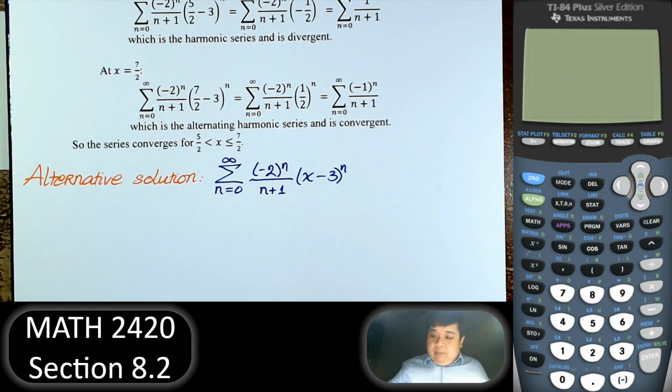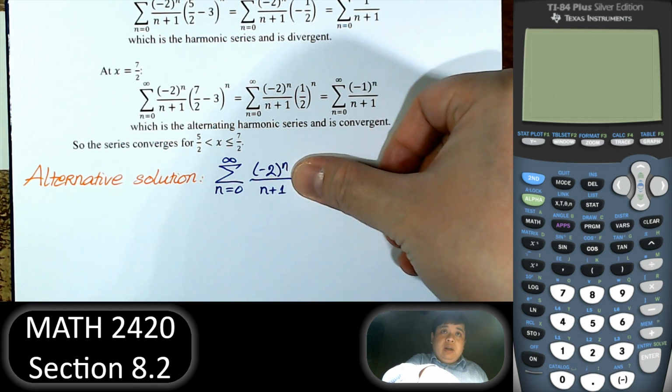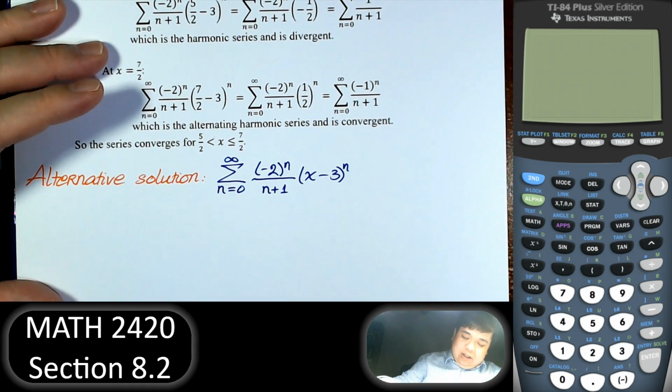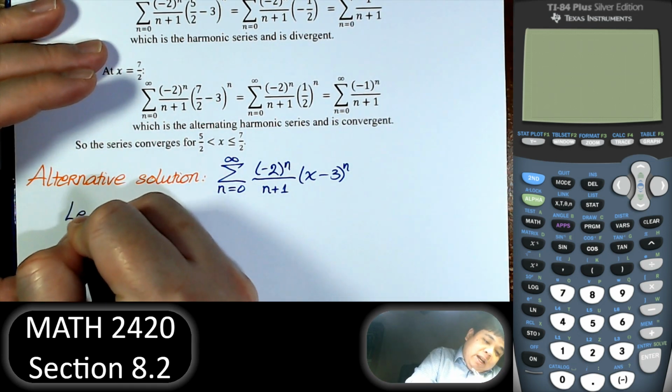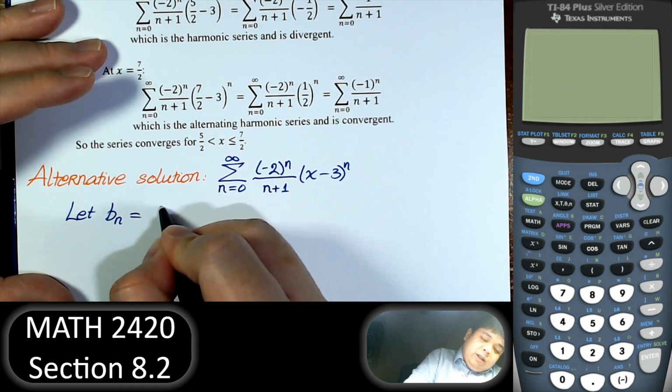Right. Now, rather than use a sub n where we ignore the power terms, I'm going to keep the whole thing and call that b sub n. So first, let b sub n equal the whole thing.